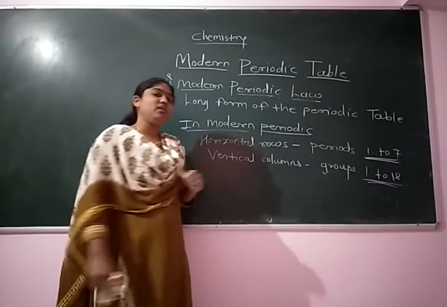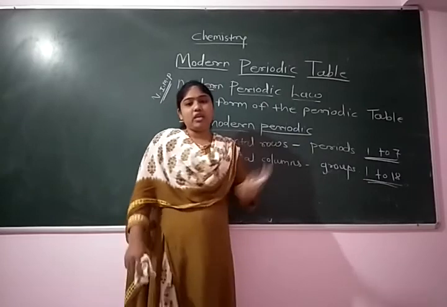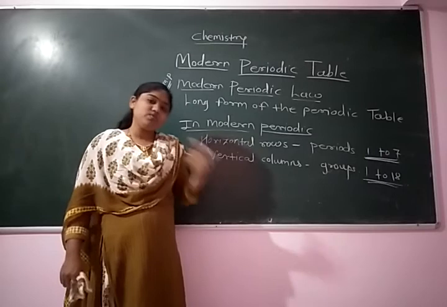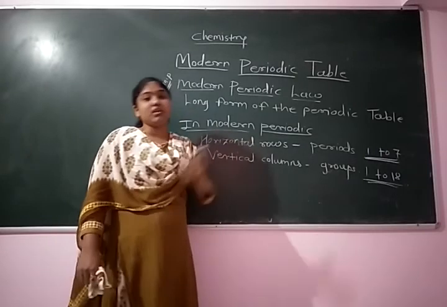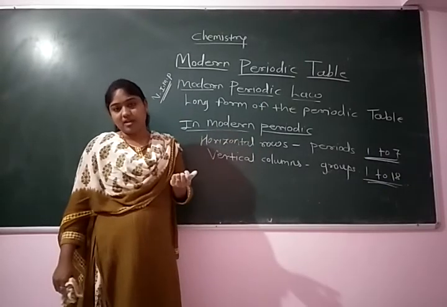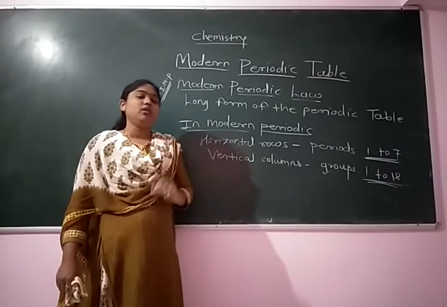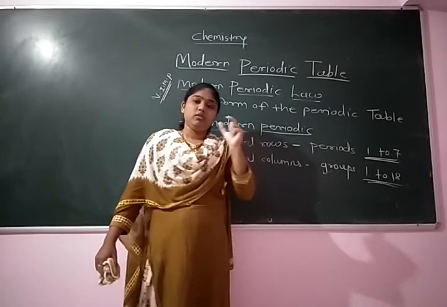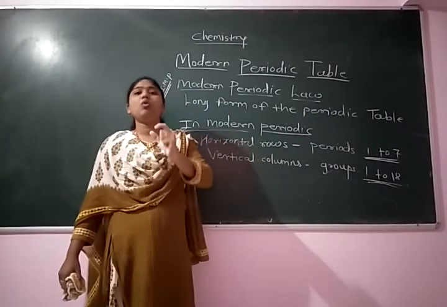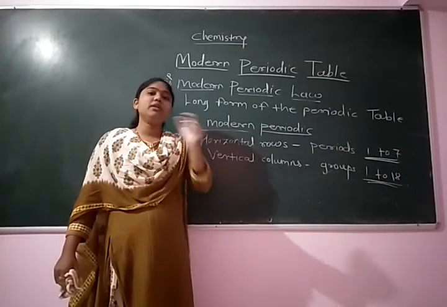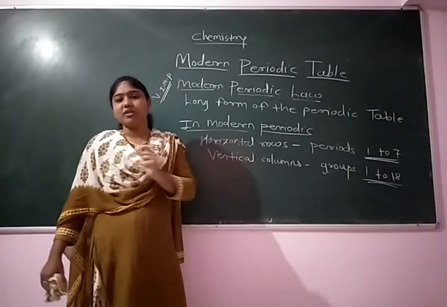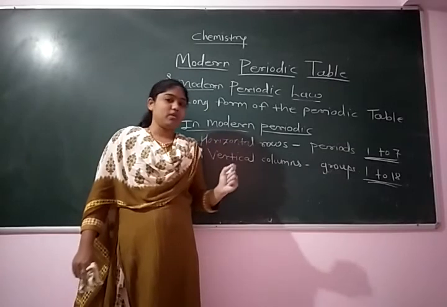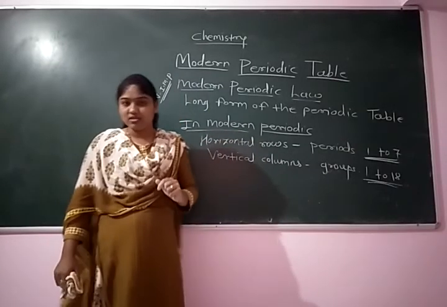In 1913, Henry Moseley, the English physicist, came and observed regularities in the characteristics of X-ray spectra, and he showed that the frequency of X-rays emitted by an element is related to atomic number rather than atomic mass number.